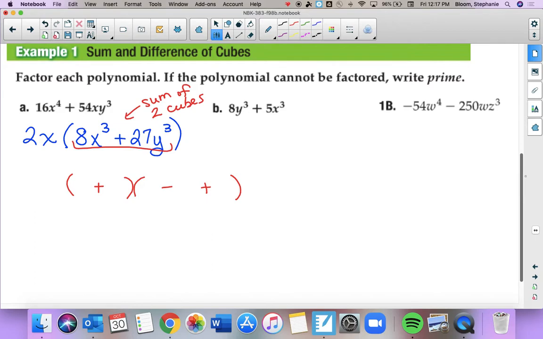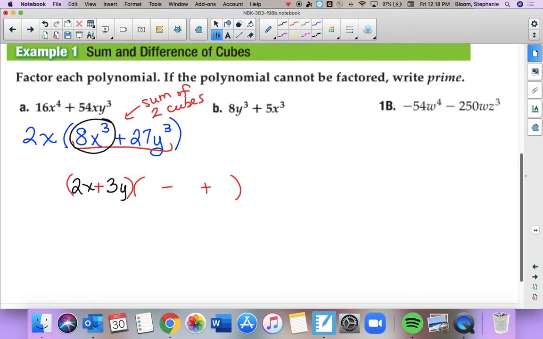And then if you look at that formula, the formula was a cubed and b cubed, but we pull out what a would be and what b would be, which means you're taking this value and cube rooting it. So what would I get when I cube root 8? 2. What do I get when I cube root x cubed? x. Then do the other side. What do you get when you cube root 27? 3, and y cubed, y.